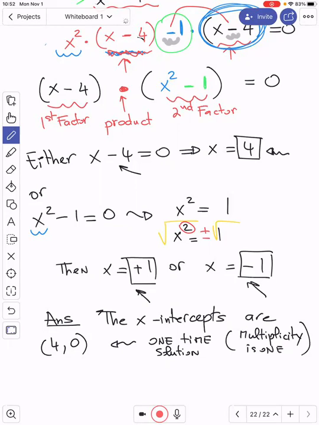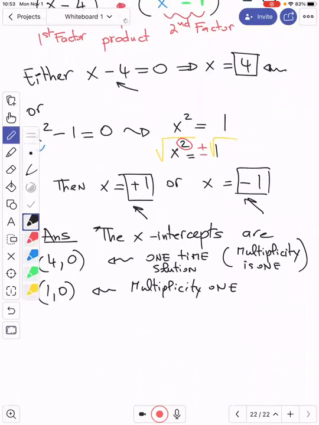The same thing for positive 1: it's a one-time solution, so this is multiplicity 1. And also negative 1 is a one-time solution, so this is also multiplicity 1.